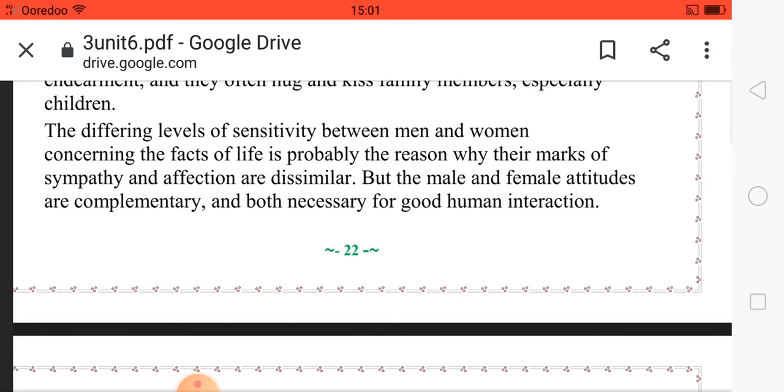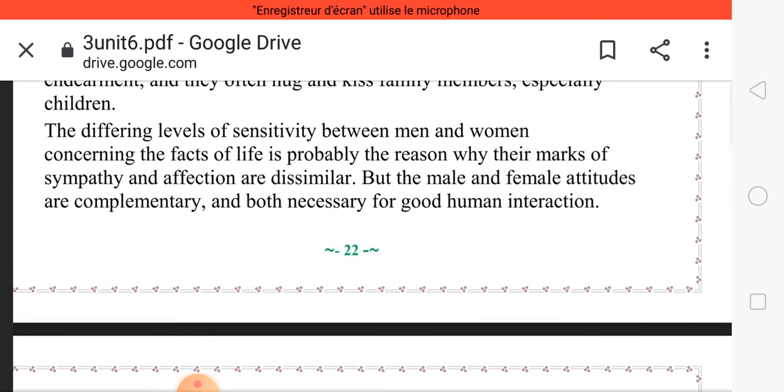The differing levels of sensitivity between men and women concerning the facts of life is probably the reason why their marks of sympathy and affection are dissimilar.